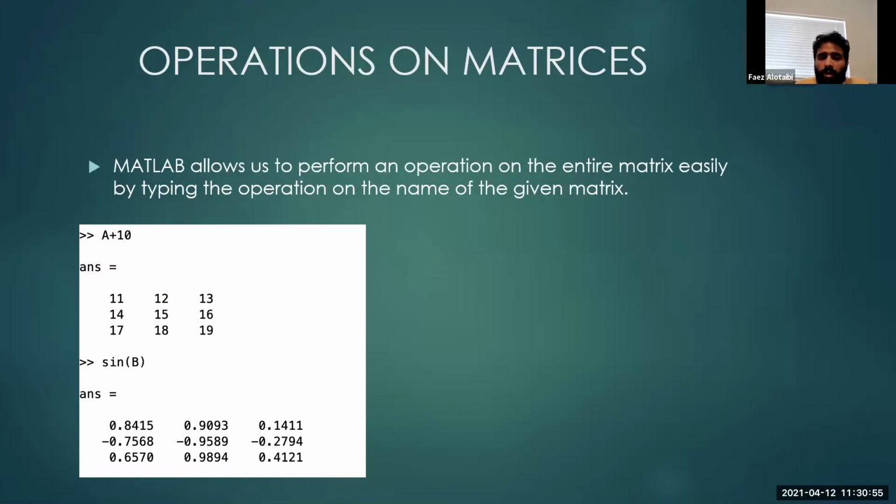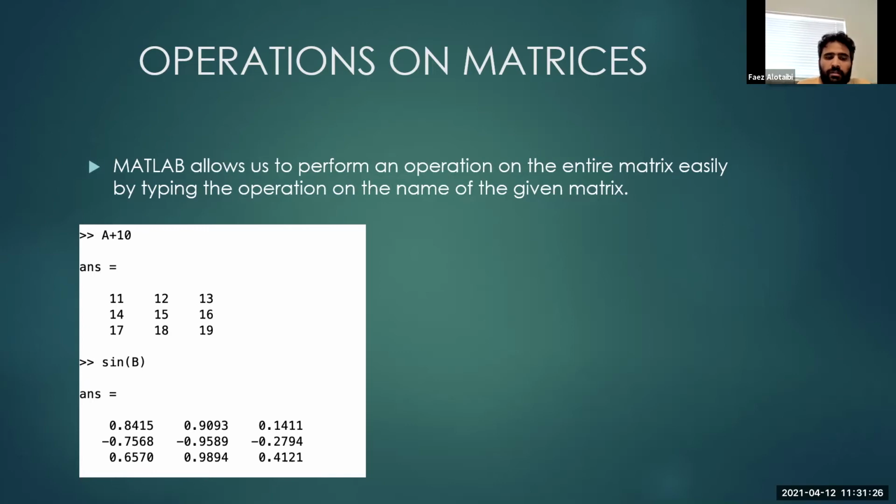We can do an operation on these matrices. For example, you will start typing the operation on the name that you gave to the matrix. For example, the matrix A from the previous example, if we add the number 10 to each row and each column, we will get the product stored in the ans similarly to the previous ones.